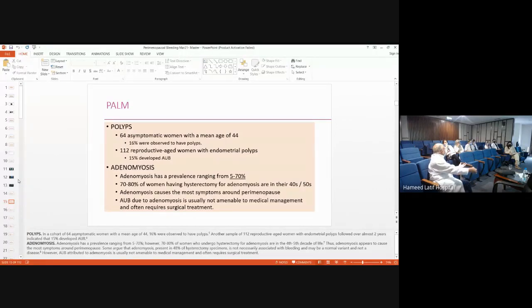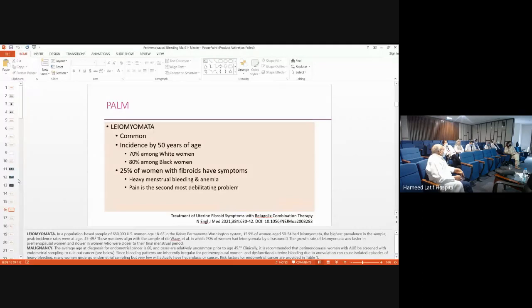You give hormones for a certain period of time, then a surgical treatment is required. Although Mirena, or the LNG IUS system, is quite effective, as a matter of fact, in many women with adenomyosis, because that provides a low dose of progesterone. So that is one thing.